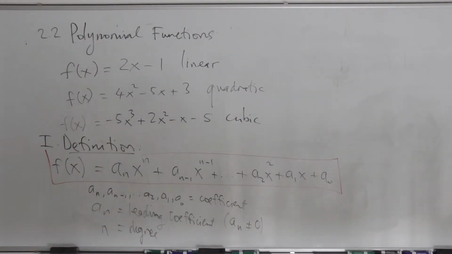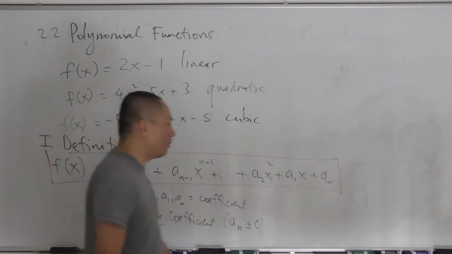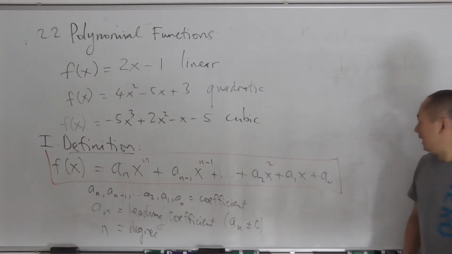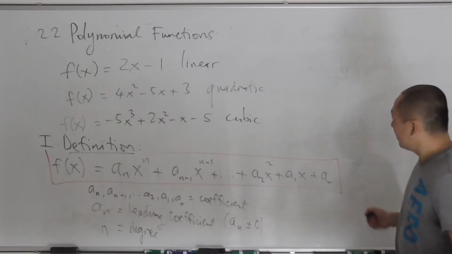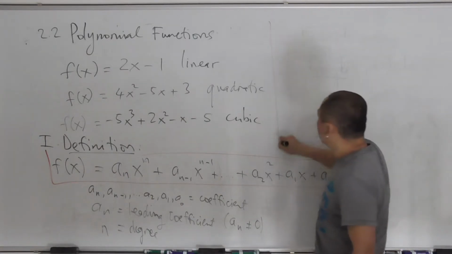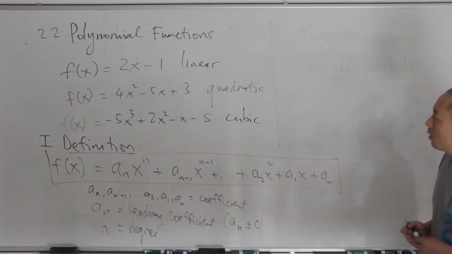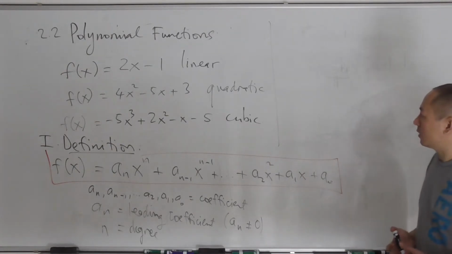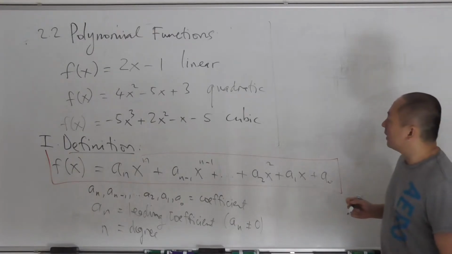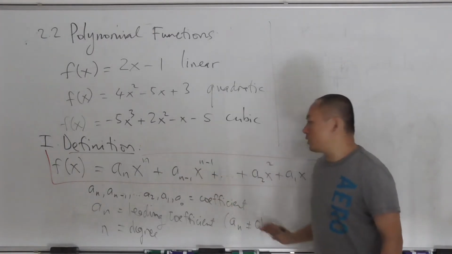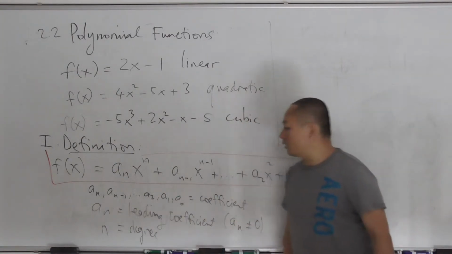Okay. So technically, we can have a polynomial of any degree: 1, 2, 3, 4, 5, 1,000, 1,000,000. But most of the time, people tend to study polynomials with small degree, like 1, 2, 3, 4, 5, around there. All right, and all the other coefficients could be 0 except for the leading coefficient.